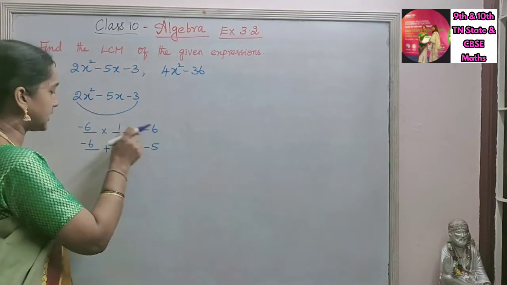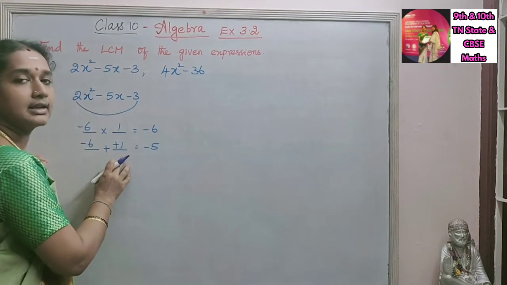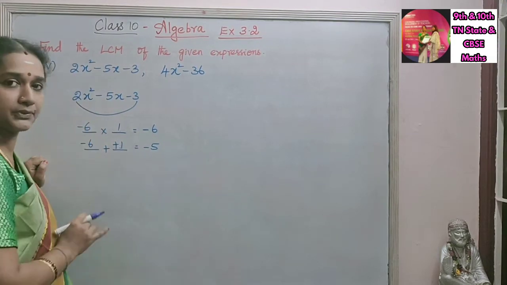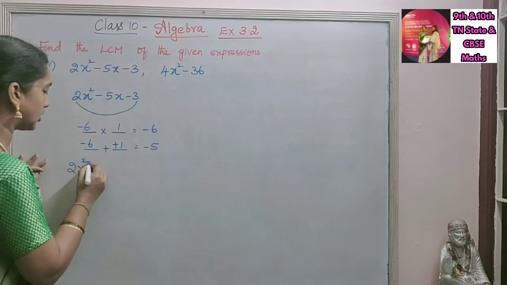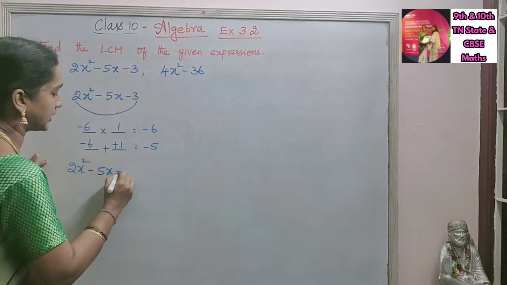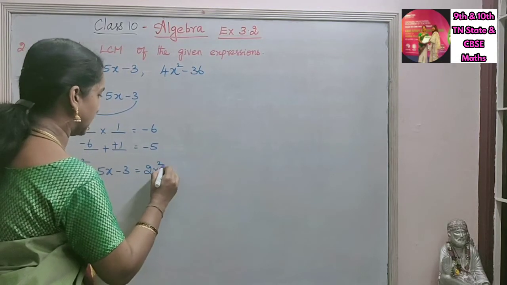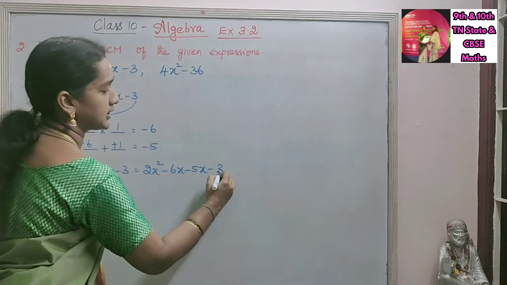For the sum, unlike signs are subtracted, so we get 5, and the sign of the bigger number, which is minus. So 6 ones are 6. Now we can write 2x squared minus 5x minus 3 as 2x squared minus 6x plus x minus 3.